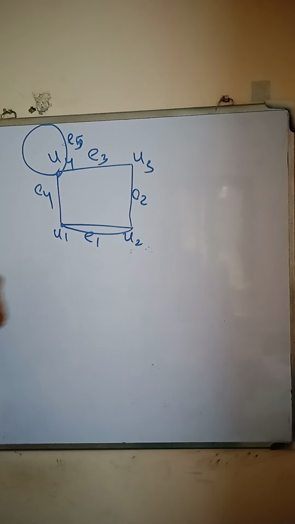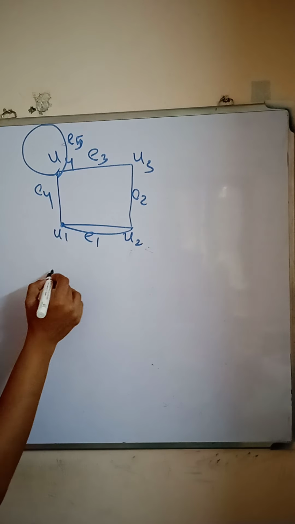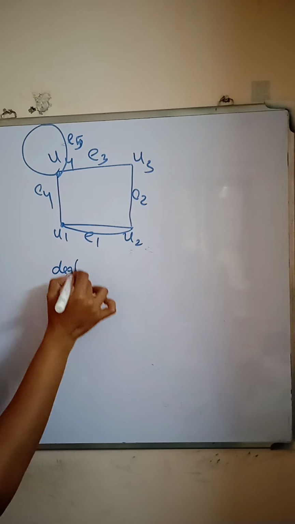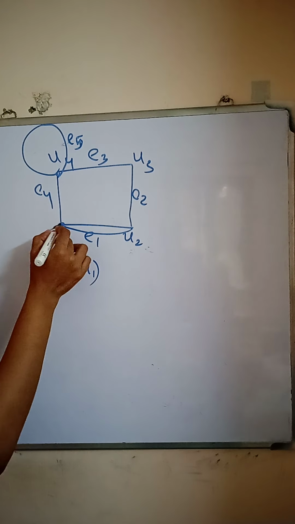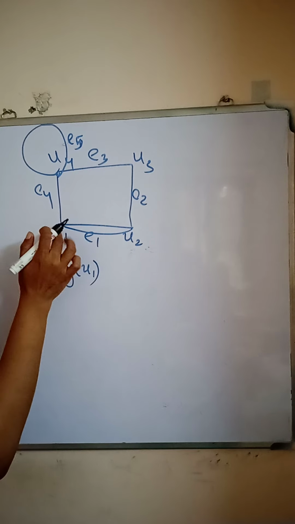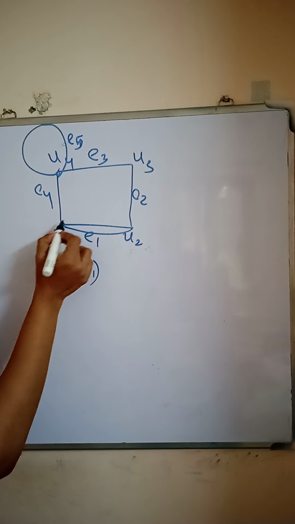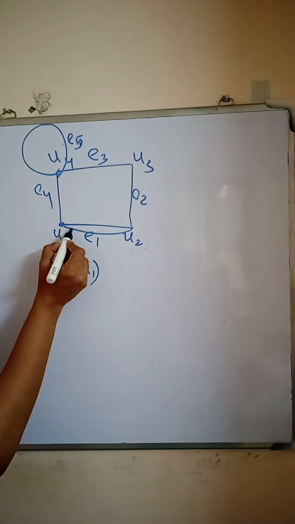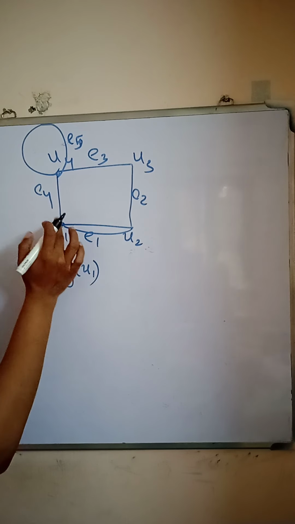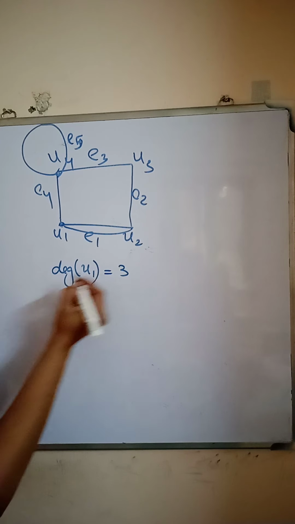Next we find the degree of each vertex. The number of edges from the vertex U1 is the degree of the vertex U1. Here we have 3 edges from U1, so the degree of U1 is 3.